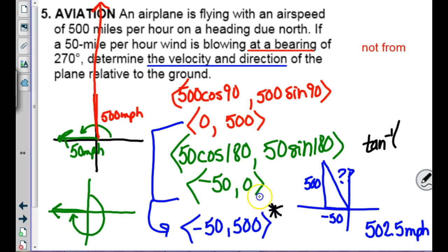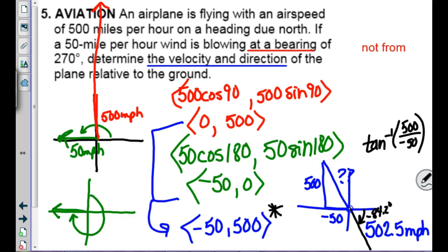Yeah, 500 over negative 50. What do we get? It's going to be a wrong quadrant because it's got a negative number in it. I got negative 84.2. Anybody else? Okay, so it thinks we're down here, negative 84.2 degrees.